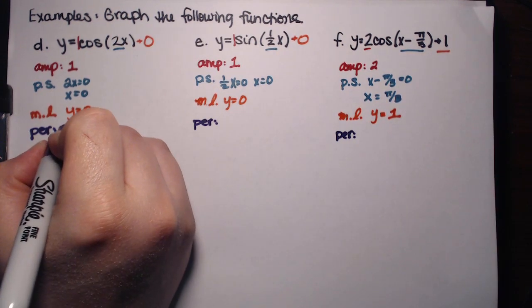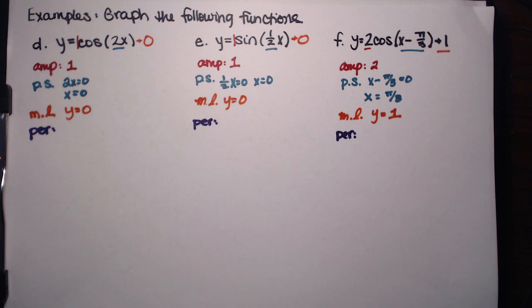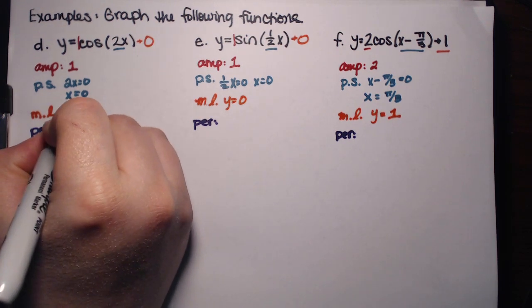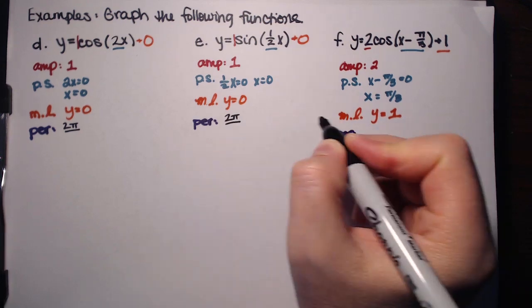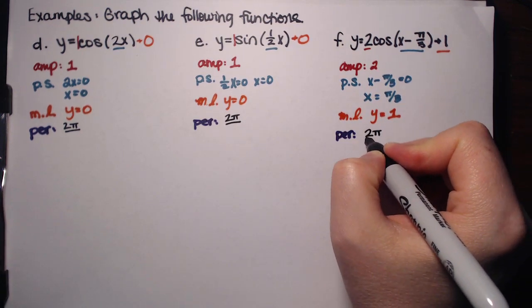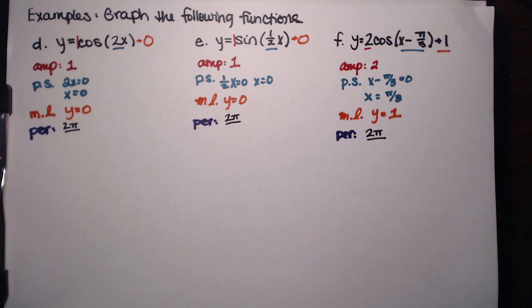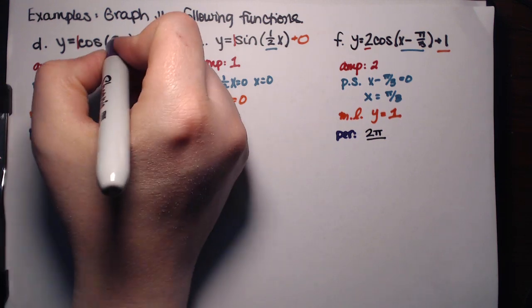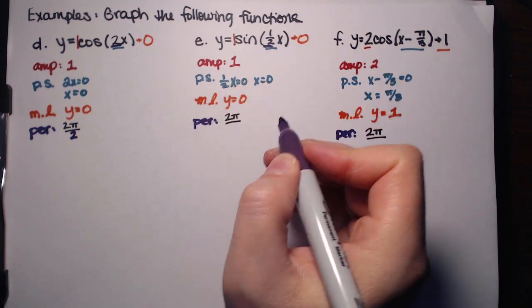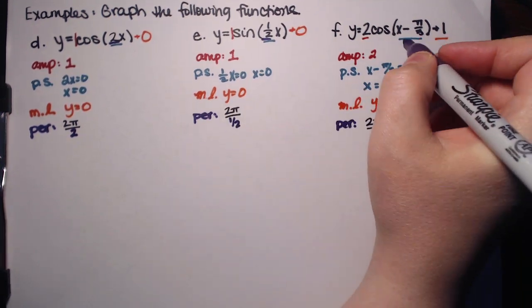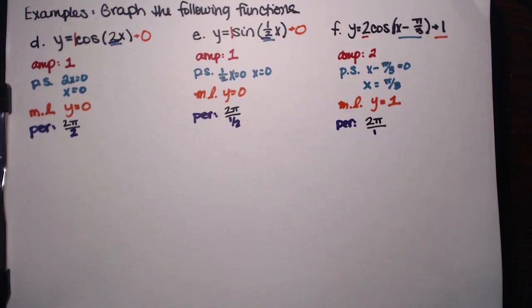that's where you take 2 pi, always 2 pi, and divide it by the b value. Now that's the number that's in front of x. So I'm looking at 2. Here I'm looking at 1/2. Here I'm just looking at 1.